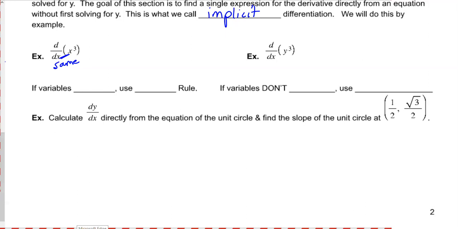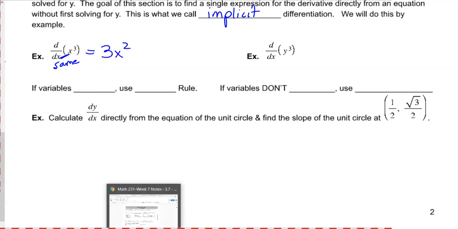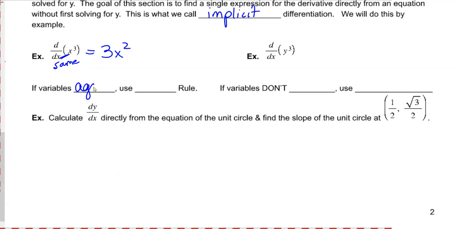And so when we have the derivative of x cubed, we bring the power out front, decrease it by 1, and get 3x squared. So when the variables agree, we're going to straight use the power rule for this example.